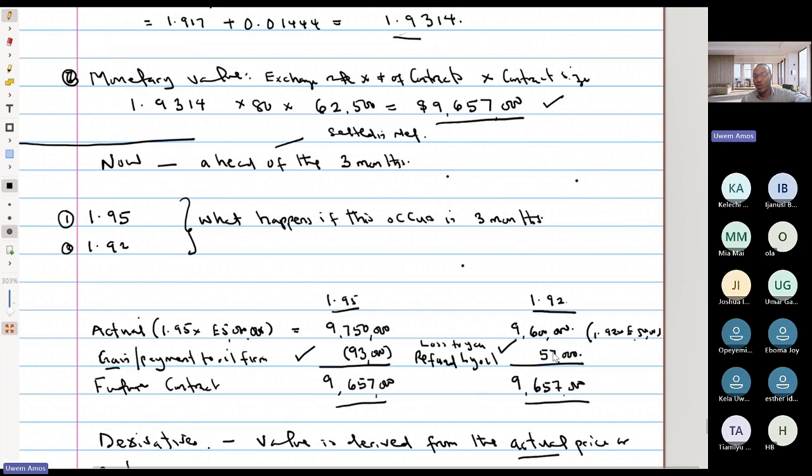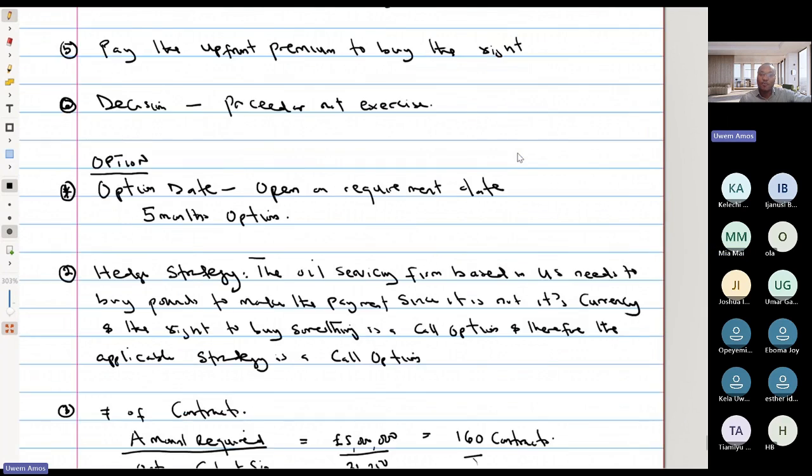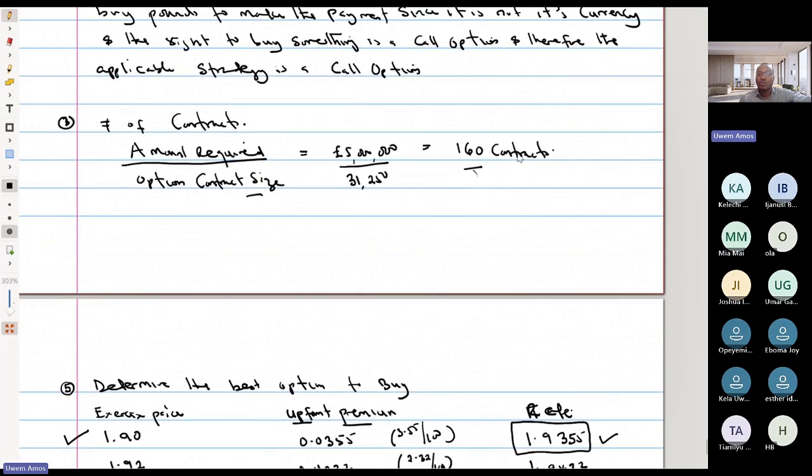So you ended up having to pay an extra 57,000 to ensure that you keep to that exact constant lock-in rate of 9657. But if it were an option, you can decide to say, because it doesn't favor me, I don't want to proceed.